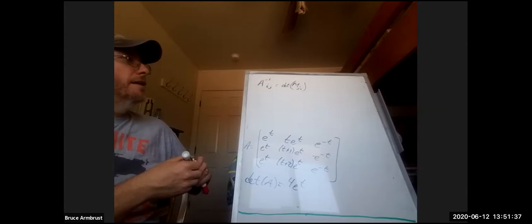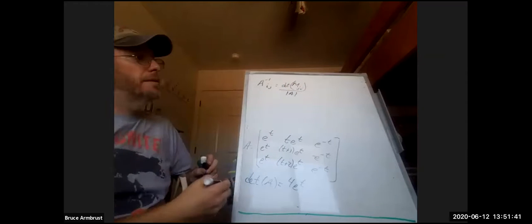And then you swap the j and the i, so you look at the determinant of that minor. And then you have to divide by the determinant of A. So this is how this would go.